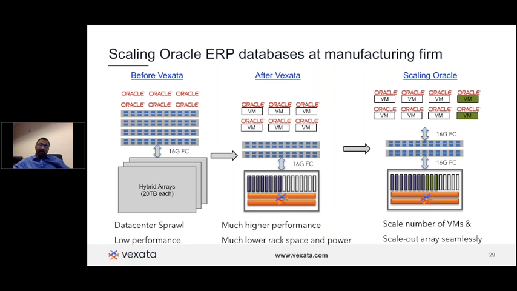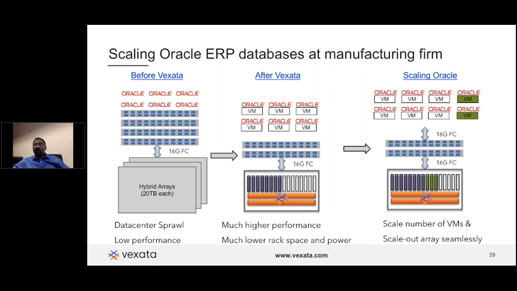They also had multiple arrays that they consolidated into a Vexata array. And what they managed to do was get much higher performance for these VMs, much lower power and rack space and everything else. And interestingly, now they want to add more VMs, and each VM takes up about 10 terabytes of capacity.